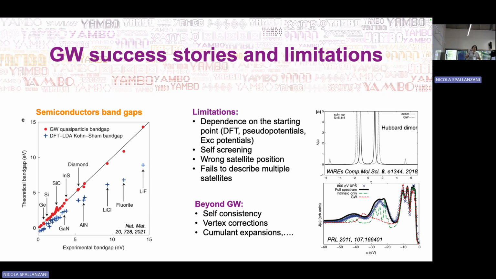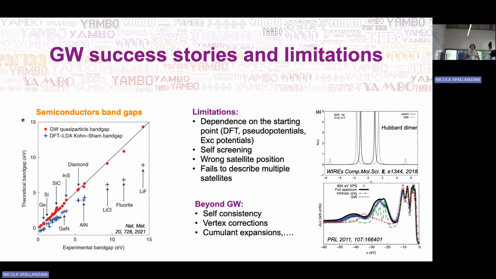So we have here a plot where we see the results of the band gaps for different systems with respect to the experimental band gap, to the measured band gap, and we see that GW corrects the DFT results and gives a better semiconductor band structure. So this is the most well-known success of the GW calculation, and it works and it's useful in many applications.